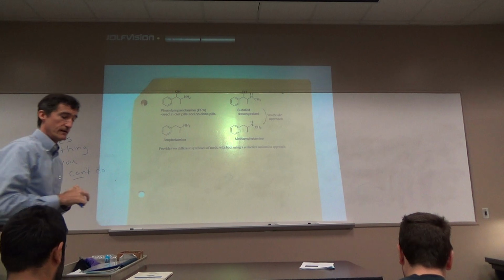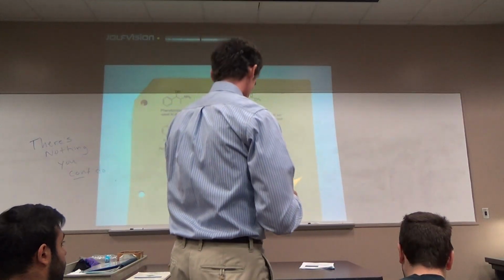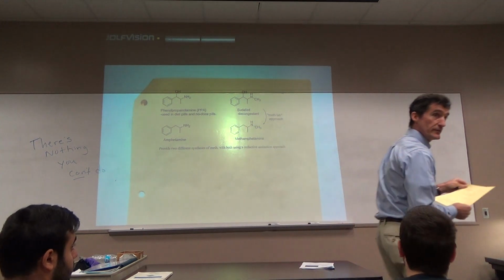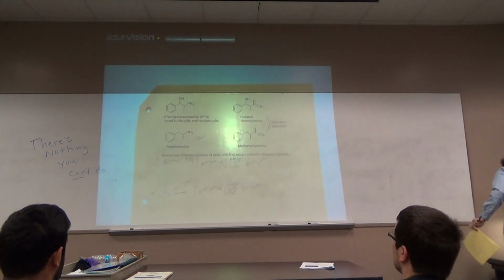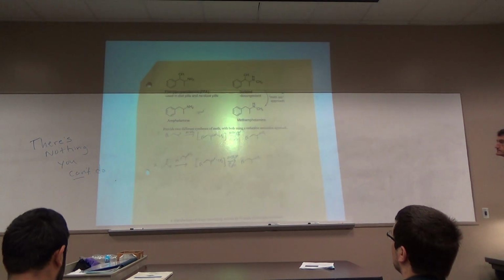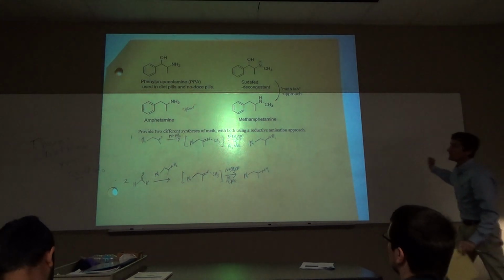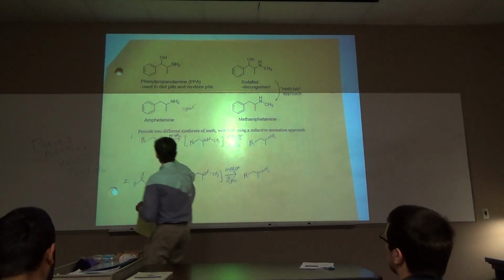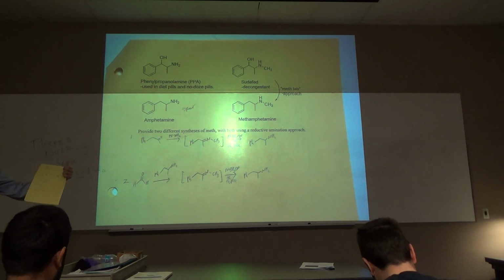Can I show this on the overhead? Yeah. Start with this ketone. Reductive amination is going to have an aldehyde or ketone and an amine.